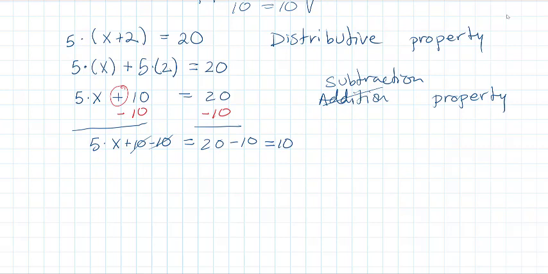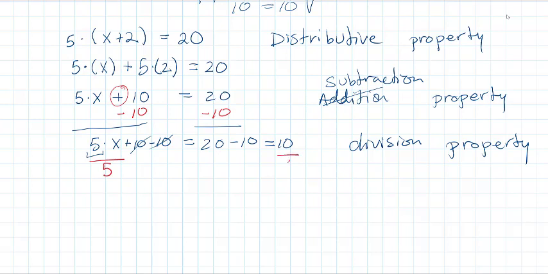So our last step will be to try to isolate x completely by doing something with the 5 that multiplies it. What is the inverse property of multiplication? Well, it's division. So we will use the division property now. Let's write that out as divide by 5.